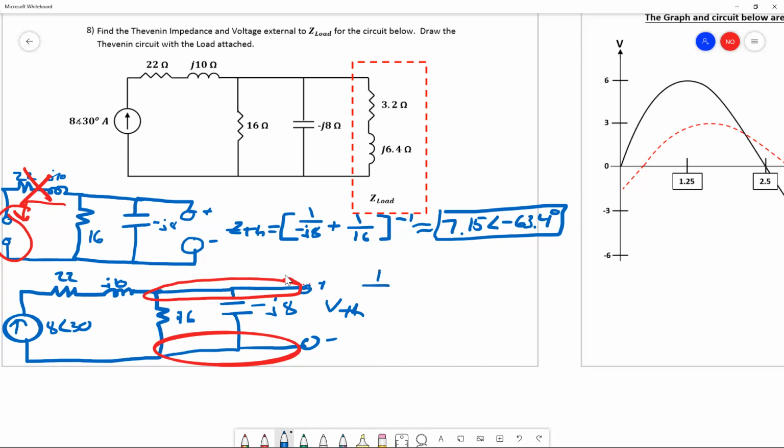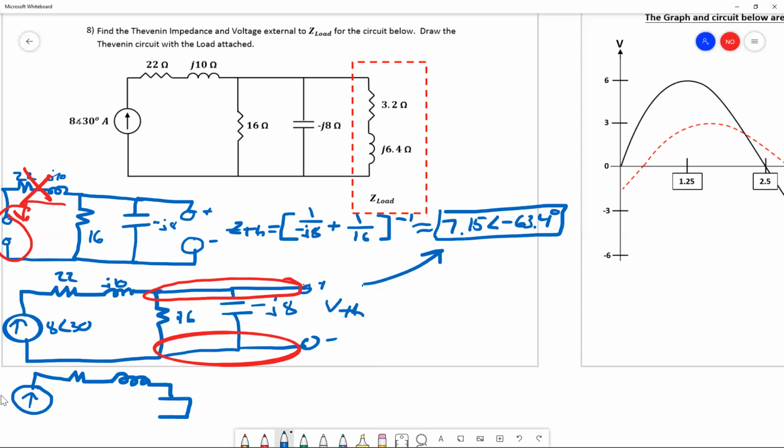Actually, we already did that before, conveniently. The number's right here. Remember, that's not going to be the same in every problem, but coincidentally, we already have that number from the previous part. So the next step is that we will redraw the circuit again. This time, we'll have these combined.